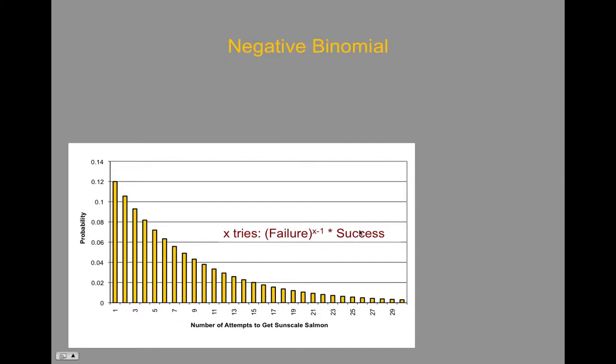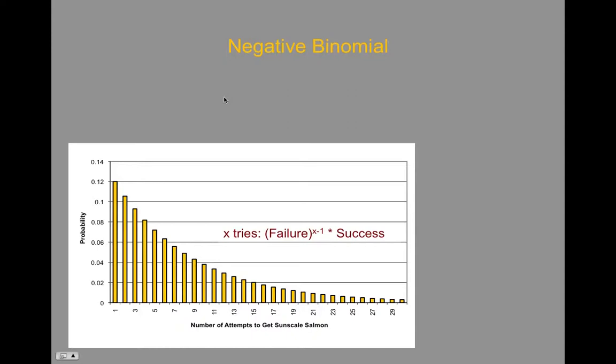And your success is your last attempt. You're going to stop after you get whatever you want. But all the tries preceding are represented by this. So if you have x tries and you get it on the x-th attempt, then that means that you have x minus 1 failures. And so that's why failure is raised to x minus 1.